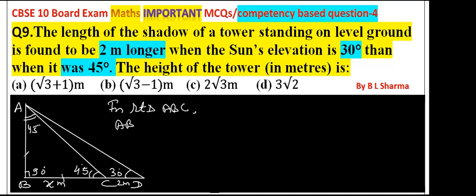Therefore AB will be BC. This is an isosceles triangle. जब दो एंगल्स इक्वल होते हैं तो उनके अपोजिट साइड्स भी इक्वल होती है। Therefore AB is equal to BC and BC is equal to x meter.